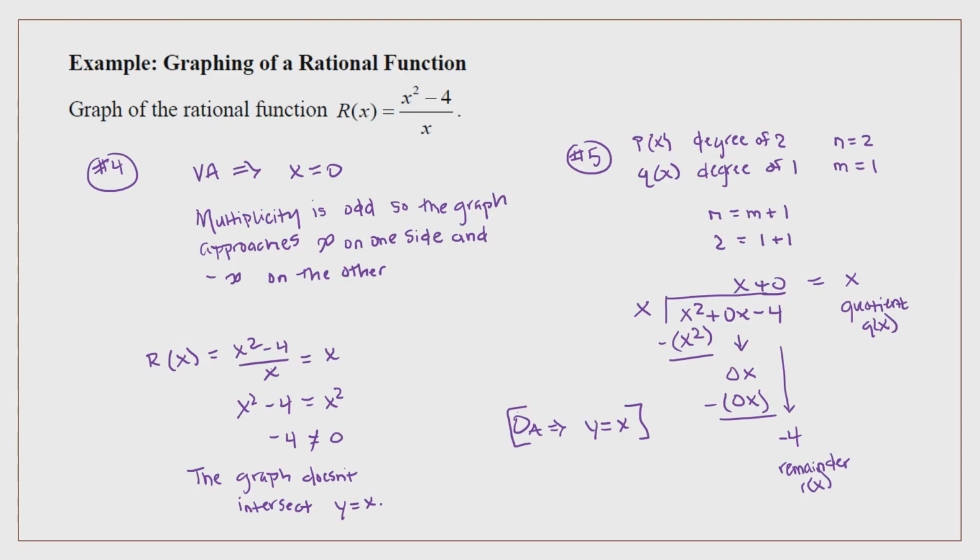Alrighty. So now we have a lot of our key information. We can now use the real zeros of the numerator and denominator to divide our x-axis into intervals so we can find additional points to plot on our graph.